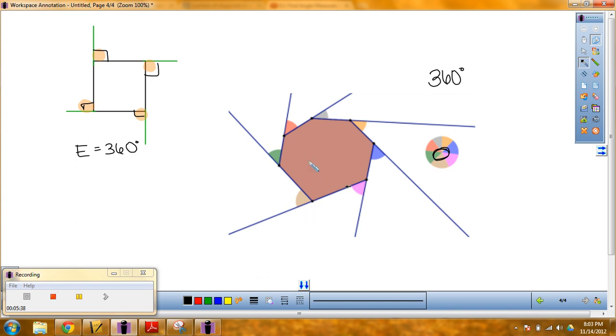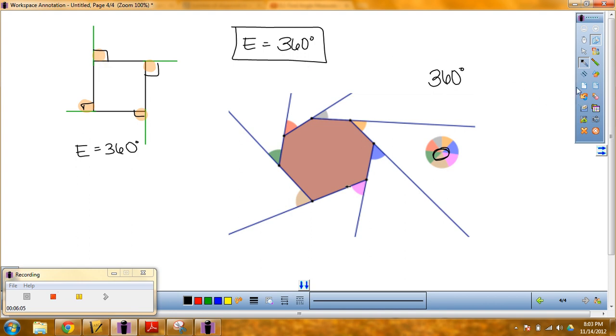So for any single polygon, this works. So for our formula for the sum of the exterior angles, there really is no formula. It's just a property. It's always 360 degrees. Okay? So again, going back to our regular polygons, how can we find the measure of one of these exterior angles?